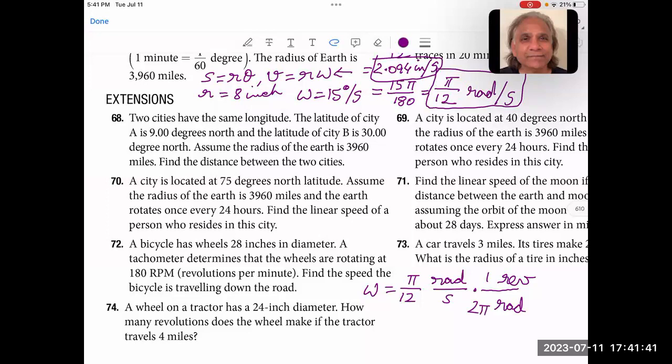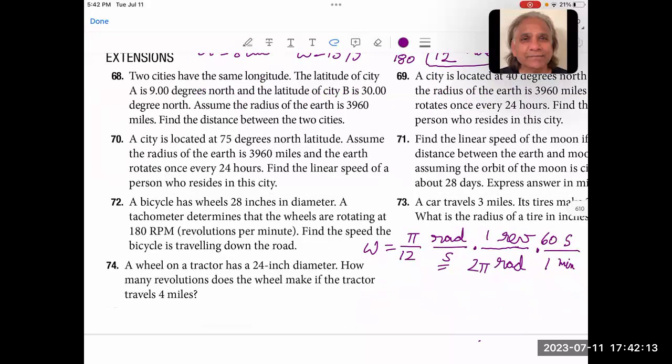So that will take care of converting radians into revolutions. And then we have to convert seconds into minutes. Now the seconds here is in the denominator. So in the conversion factor, I want it in the numerator so that they can cancel. And then minutes in the denominator. Now we know that 1 minute corresponds to 60 seconds.